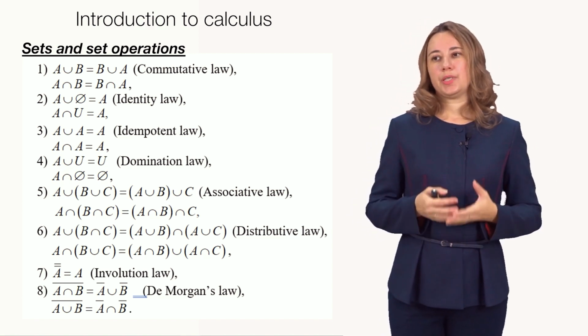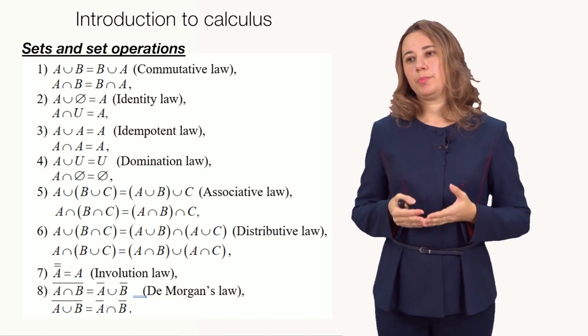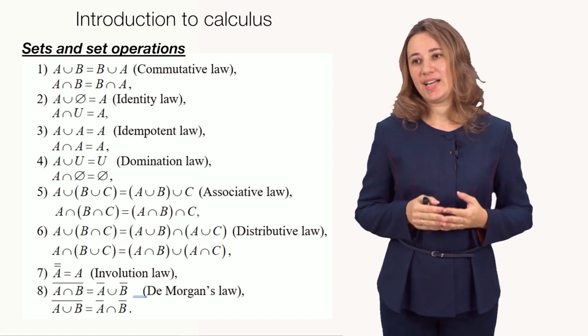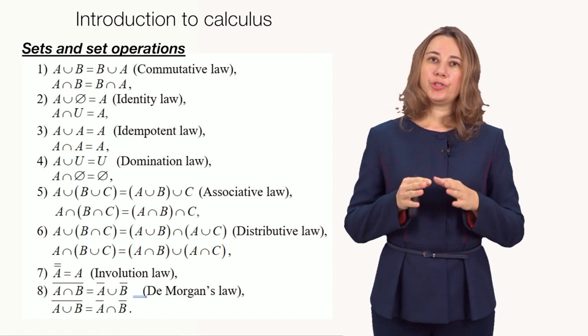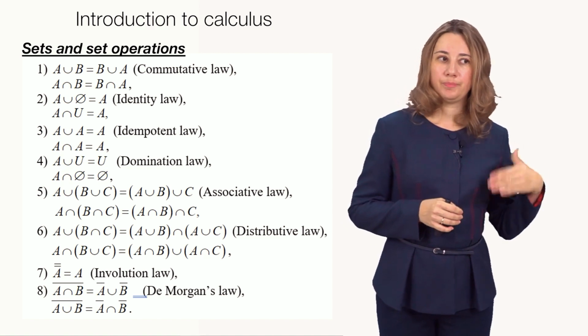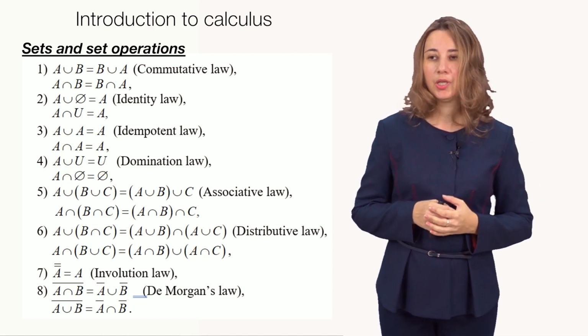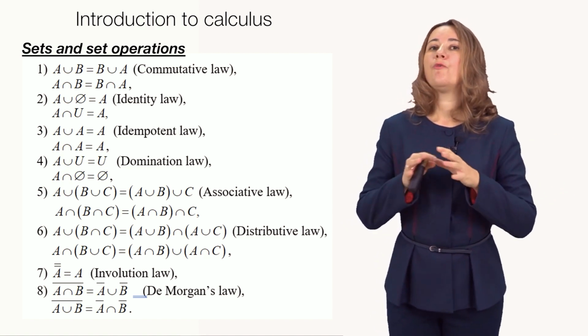Each of the presented properties can be proved with the use of the Venn diagram depicted for two sides of some given expression, or we can do it with formal reasoning. Well, let's consider one more property. I'm talking about De Morgan's law, property 8.